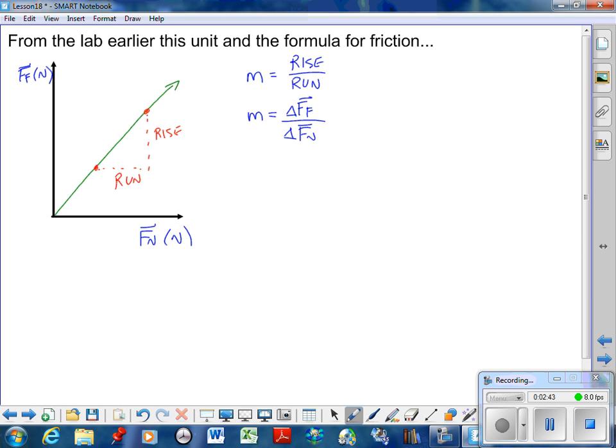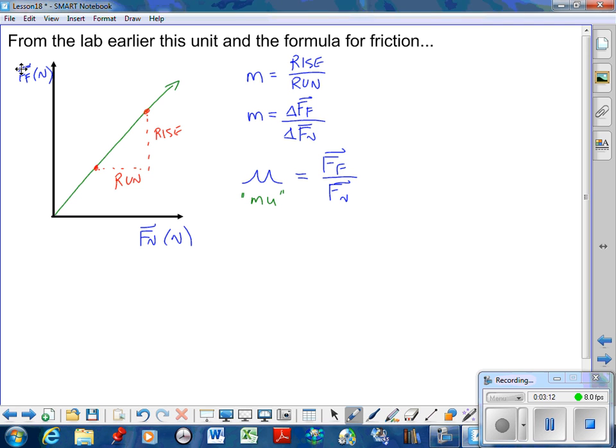We end up with a linear relationship, or a constant. Once that relationship was discovered, physicists said, okay, we're going to replace m, because m just represents general slope. Here I want to talk about a specific slope, and they use mu. Greek small m, not m, mu. And that is equal to force due to friction over the normal force.